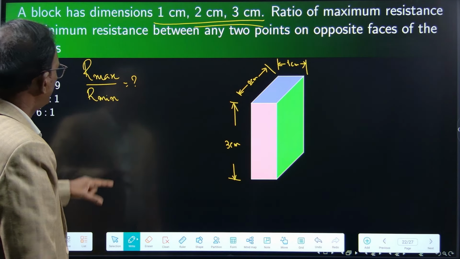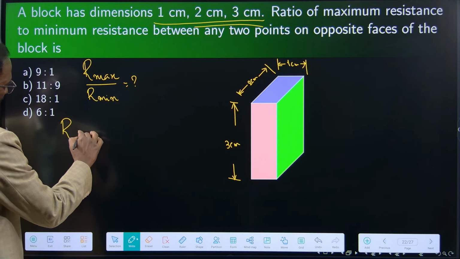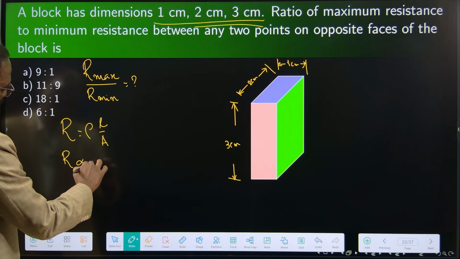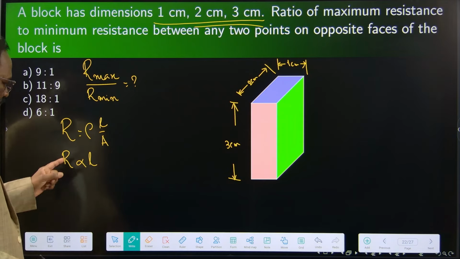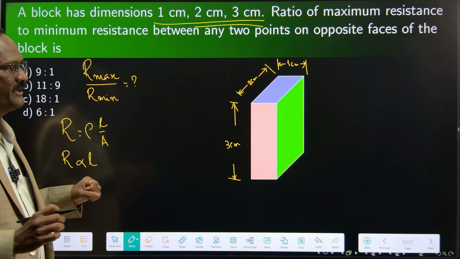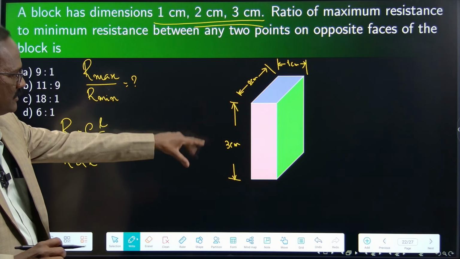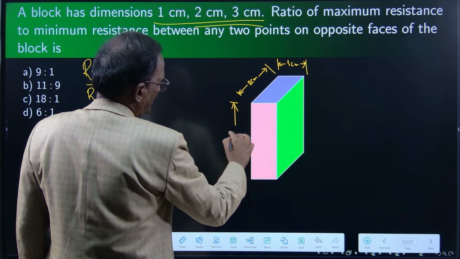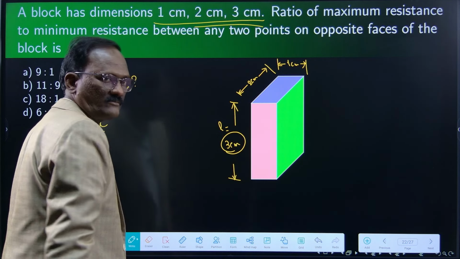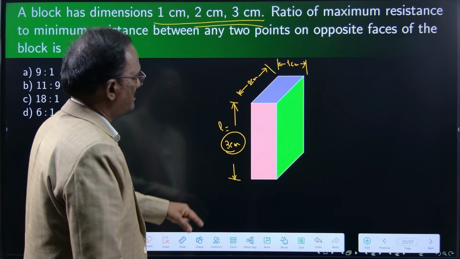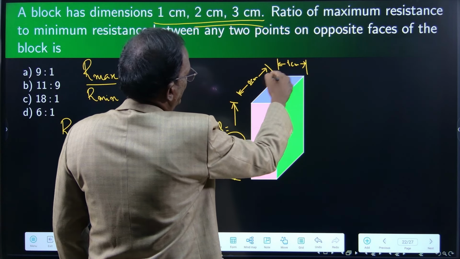To get maximum resistance, what is the formula? R is equal to rho L by A. R is directly proportional to L. If you want higher resistance, the length of the conductor must be a longer one. So for maximum resistance, we have to make L is equal to 3. If you make L is equal to 3 centimeter, then the cross-sectional area will be this part.